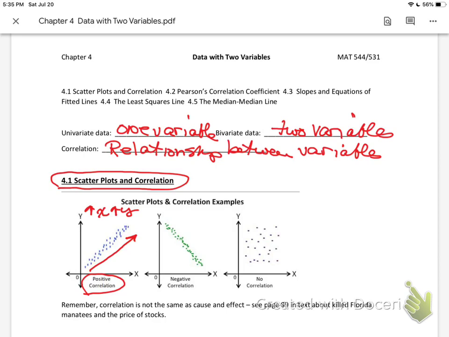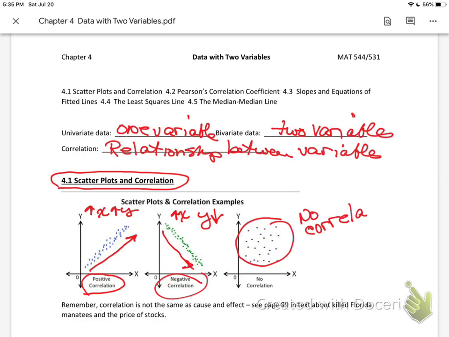A positive upward slope indicates positive correlation. Likewise, if you are increasing your X's and your Y values are decreasing in this fashion, that is a negative correlation. If you end up having a scatter plot that looks something like this, then you can say that there's really no correlation between the X and Y variables.